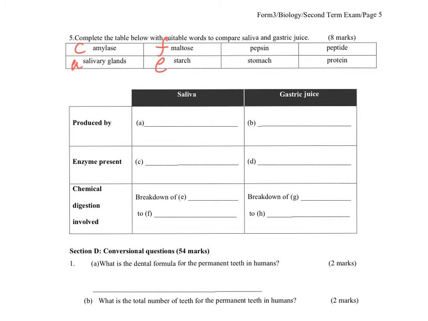And gastric juice is produced by the stomach. The enzyme found in gastric juice is pepsin. The function of pepsin is breakdown of protein into peptide.